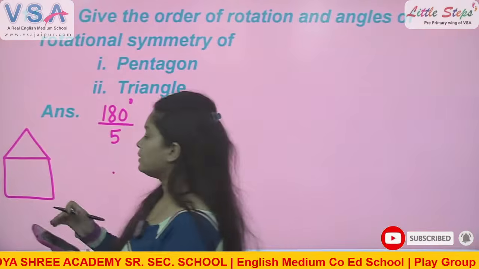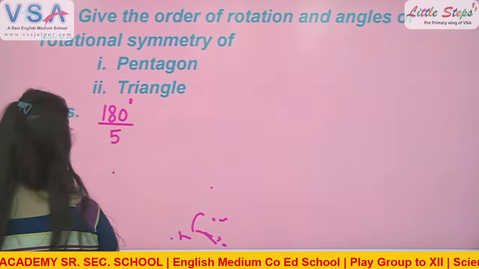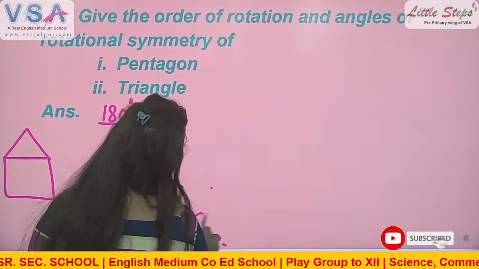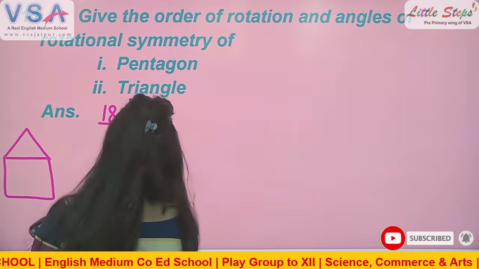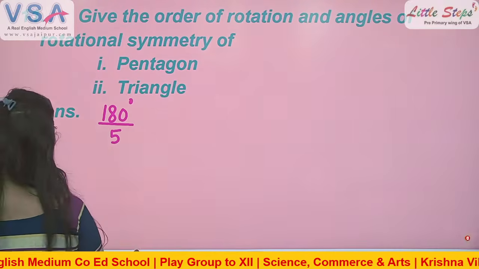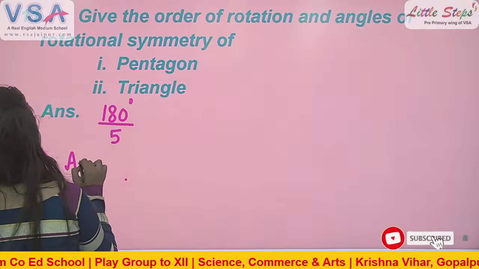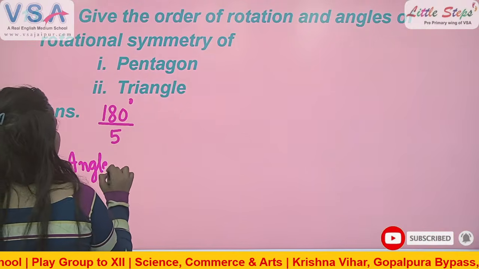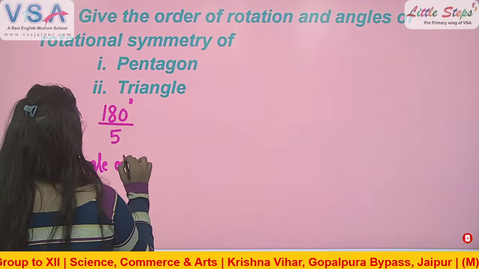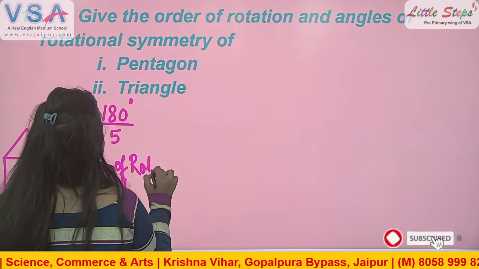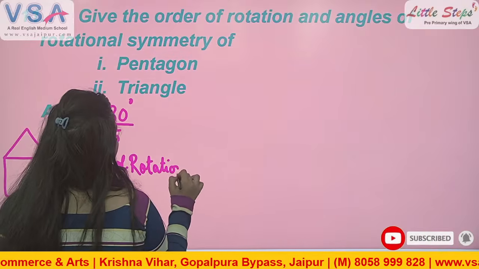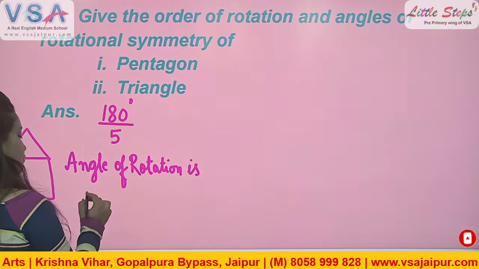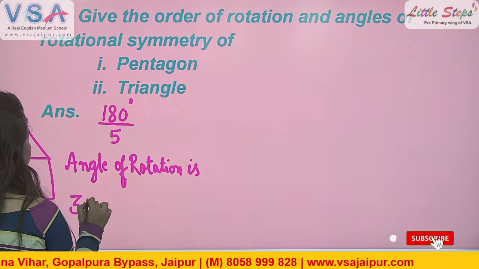We have 36 degree. We need to write down the angle of rotation. Angle of rotation is what we have, 36 degree.